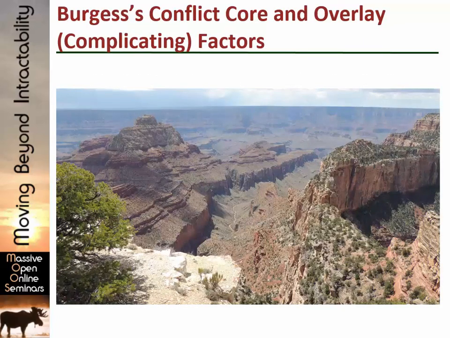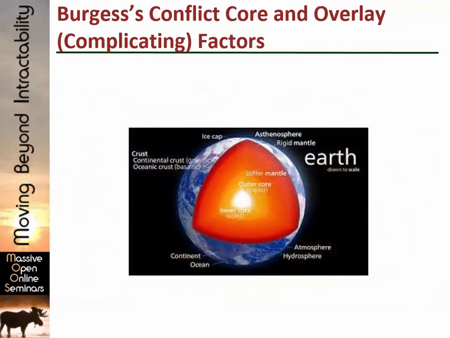The terms came from Guy's background in geology originally. The core of the Earth is very, very small and it's very hot. And that's a lot like the core conflict factors. There's, at least at the beginning, relatively few of them, not 57, and they're extremely important, metaphorically, extremely hot.